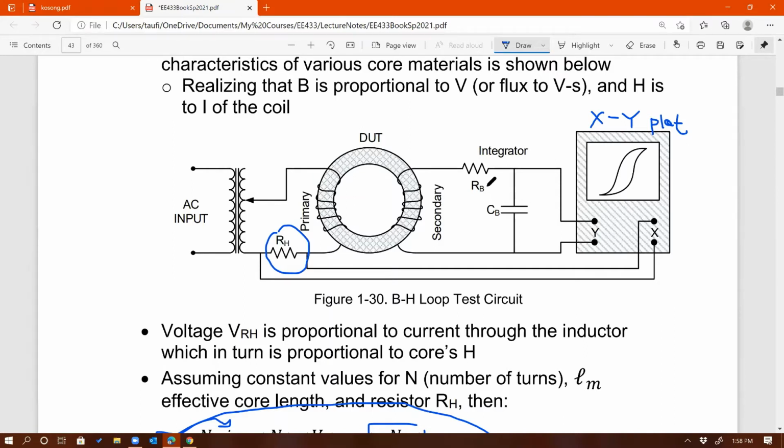Is that what you're asking, that subscript? Yeah, I was wondering if it had a name to it, but okay, that makes sense, that it measures B. Yeah, because you can see I use H right there. So that resistor is being used to measure H, and that resistor is being used to measure B. Gotcha. Thank you. Okay.